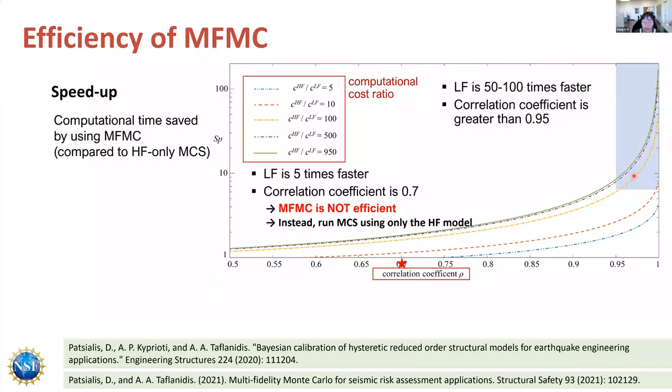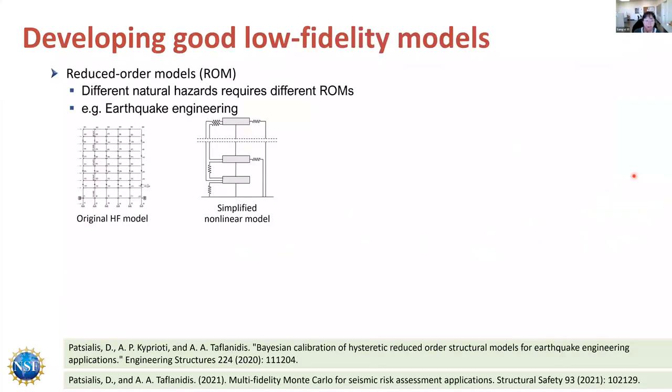And this really tells you that in order to use MFMC, you need to have a good quality low fidelity model. This is not always possible, but there are approaches to help you develop such good low fidelity models. One example is reduced order models, and different hazards have different definitions of reduced order models.